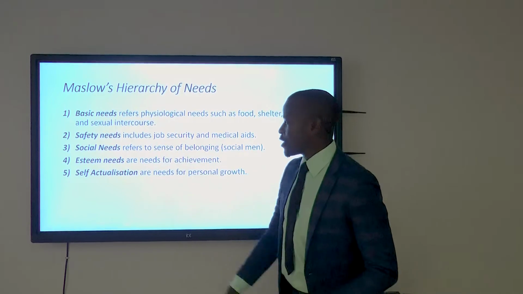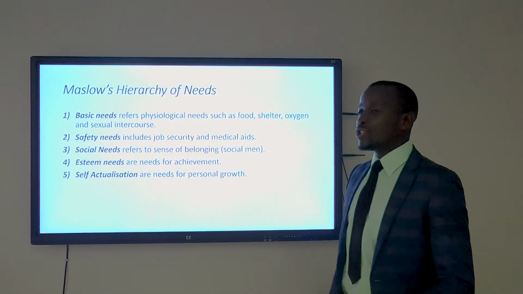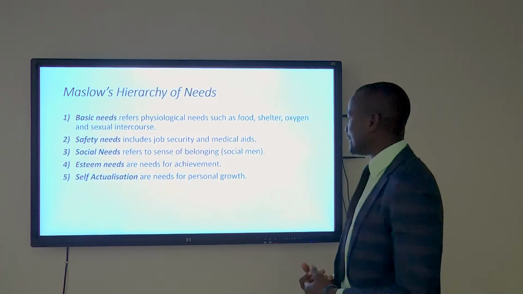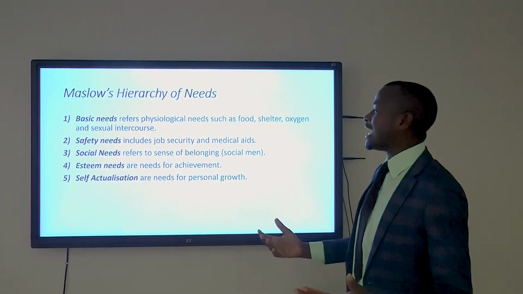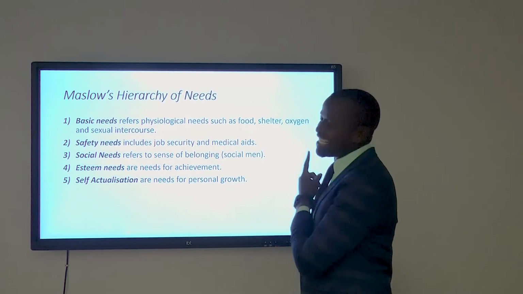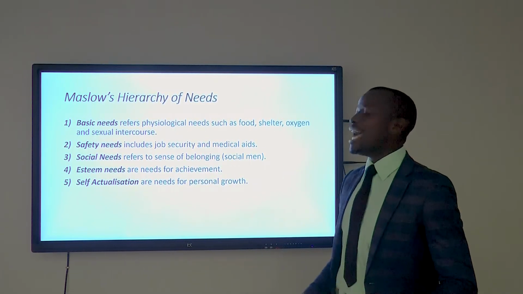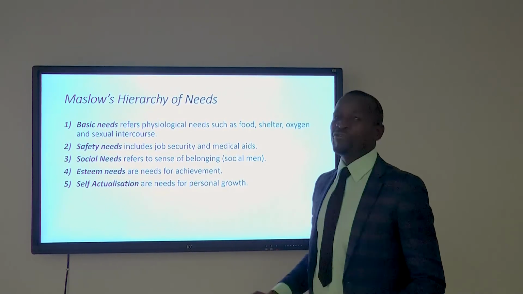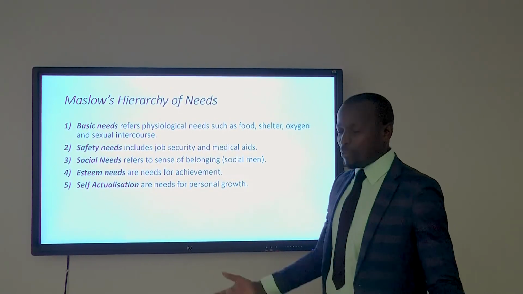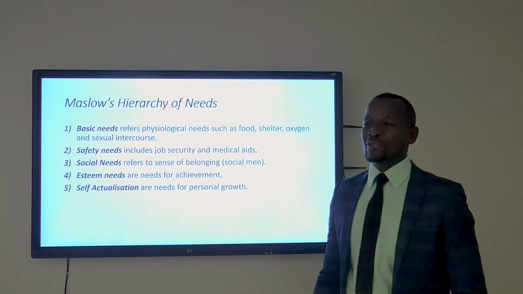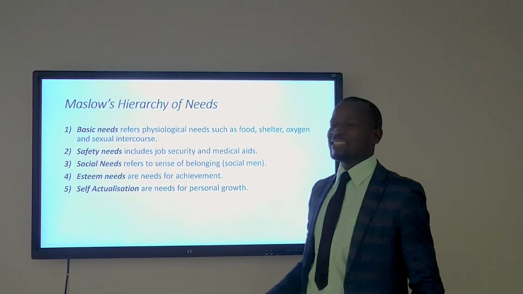Then we have the social needs. Social needs refer to the sense of belonging. Paying meticulous attention to the fact that a man is also a social being, a man wants to be part of a certain group. I support Manchester United, for example. Then there is another worker who supports Manchester United at work.